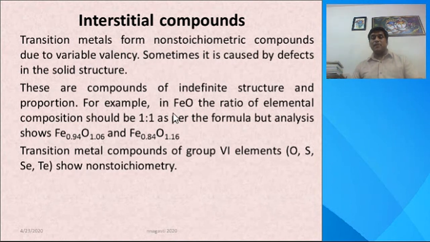For example, iron oxide, as the formula shows, iron and oxygen are present in the compound in 1:1 ratio, but practically the analysis shows iron is present less than 1, that's 0.94, and oxygen is present more than 1. So this kind of non-stoichiometry gives rise to different sets of compounds, although they have very important applications.